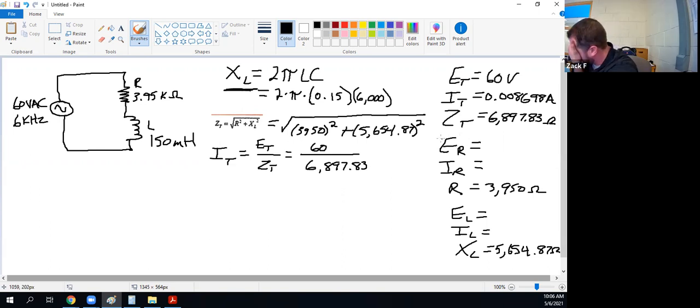Now what can we do? Is it a series circuit? Yeah, same thing.